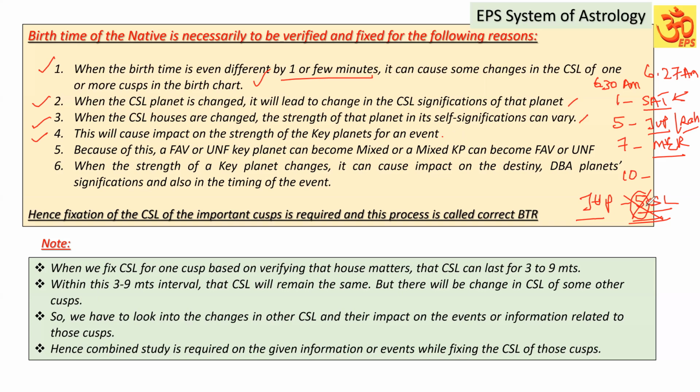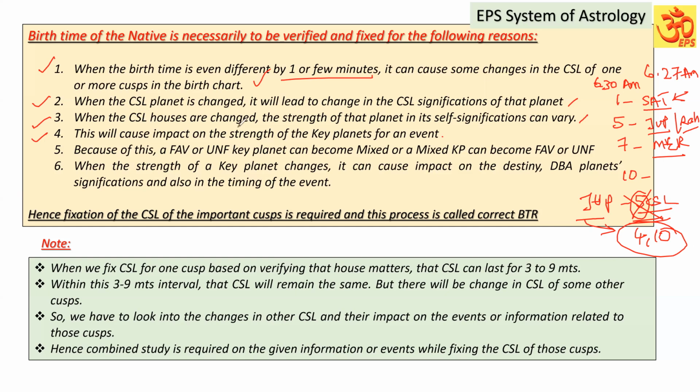But if it is getting another cuspal sublord, say fourth cuspal sublord or 10th sublord or eighth sublord by change in the birth time, that is also possible. So when it is getting the unfavorable cuspal sublord, what will happen? That Jupiter, being the favorable key planet for the event of child birth, will become a mixed key planet or unfavorable key planet also.